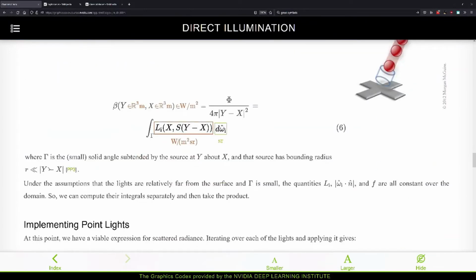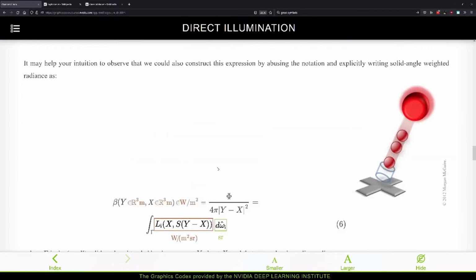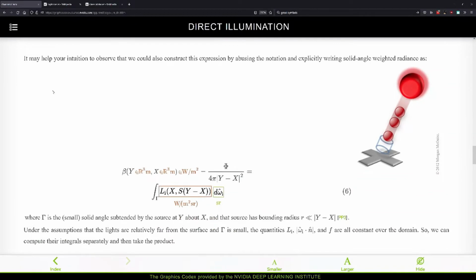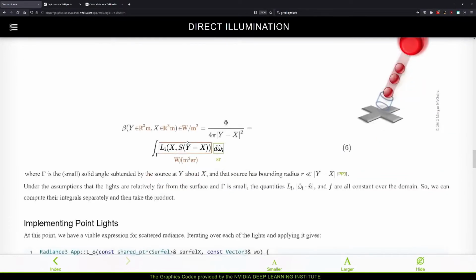I'm going to zoom out a little bit so I can read the whole thing. So the biradiance is also equal to the integral of the small solid angle by the source at y about x.